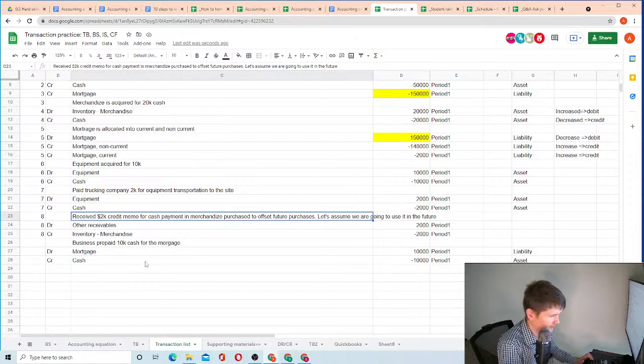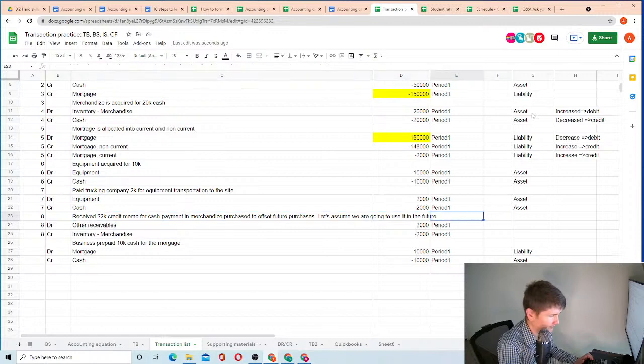Is it an asset? What do you think? Okay, I will not hold long. It is an asset. It is future economic benefit. We will get our next inventory for less money, and it needs to be recognized on the books.